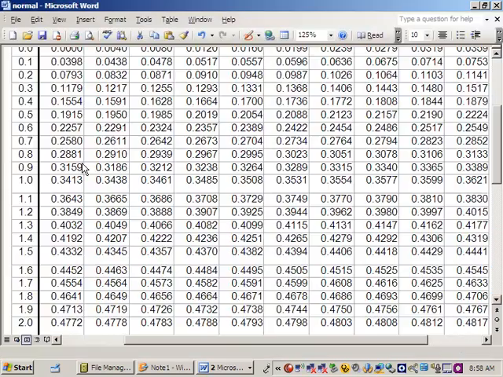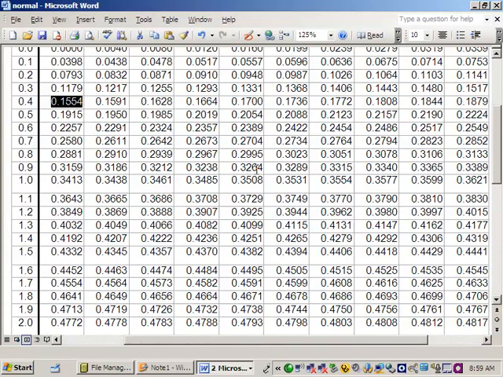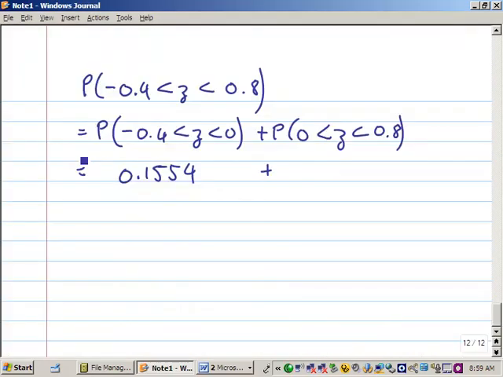Alright, so 0 to 0.4, 0.1554, and then 0 to 0.8, 0.2881, and my calculation shows me that that's 0.4435.